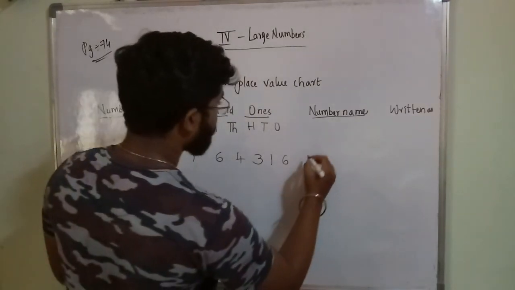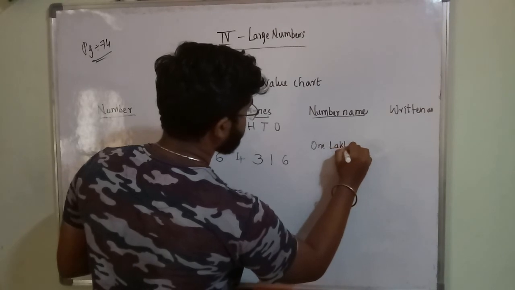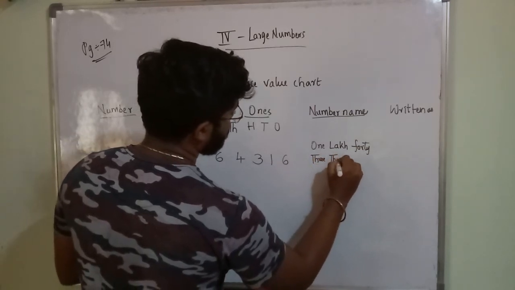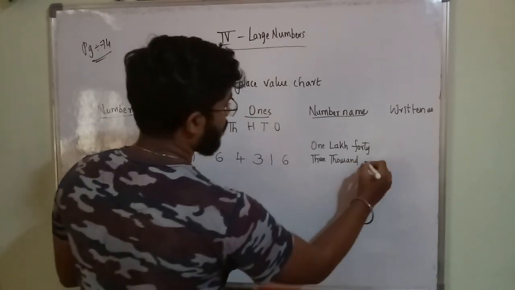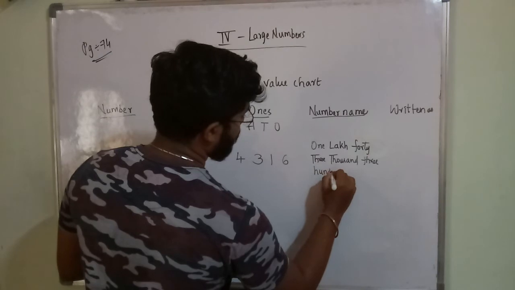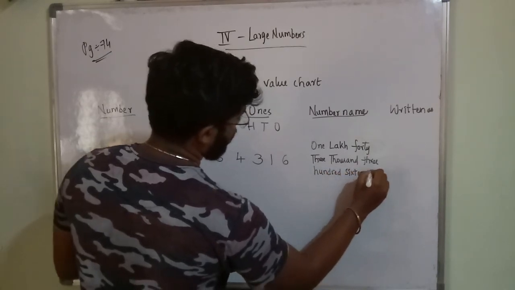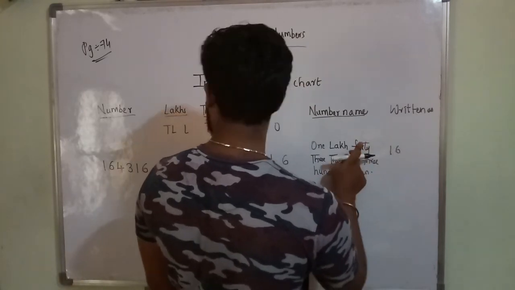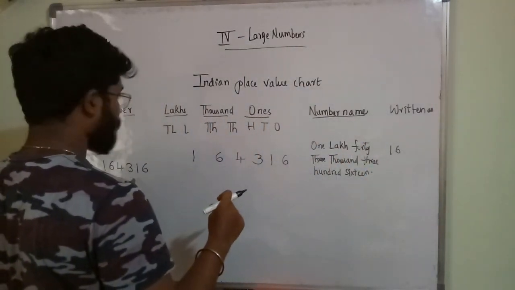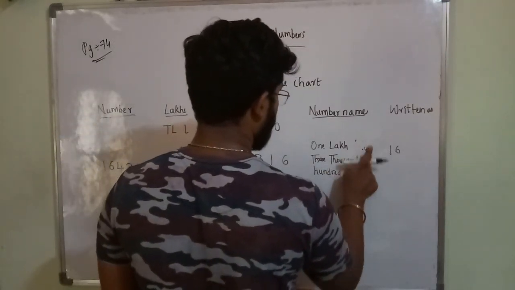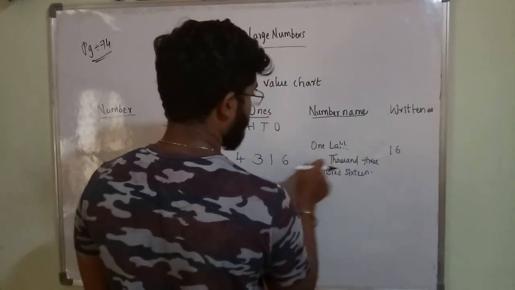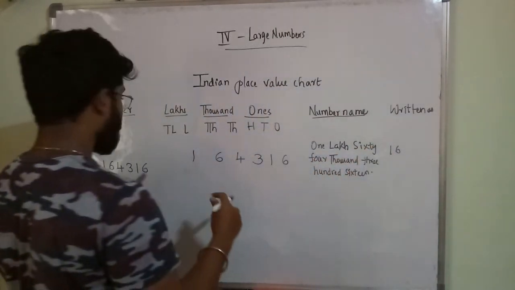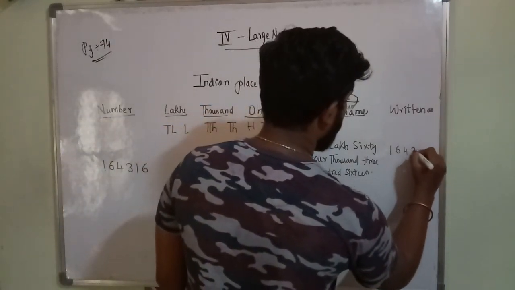Okay. The next number name is 1,64,316. This can be written by separating with commas.